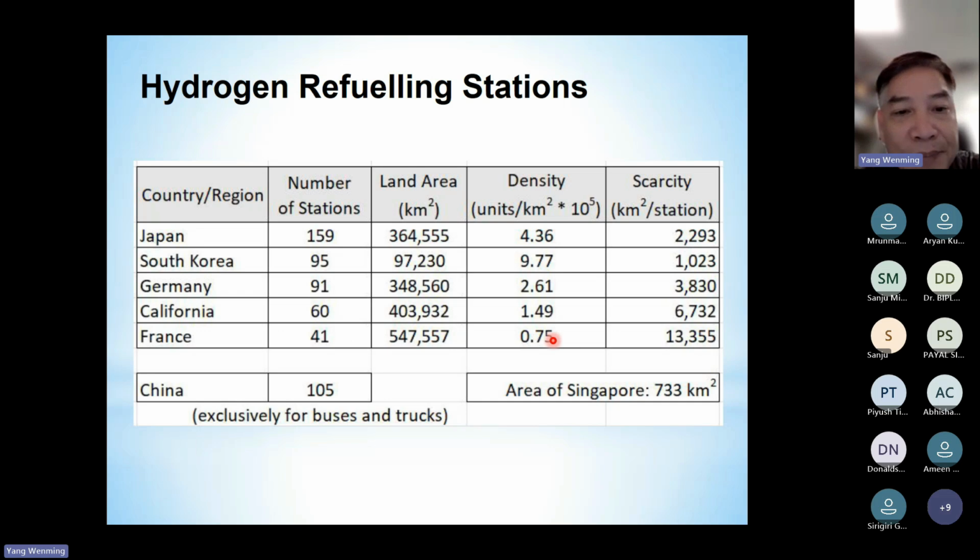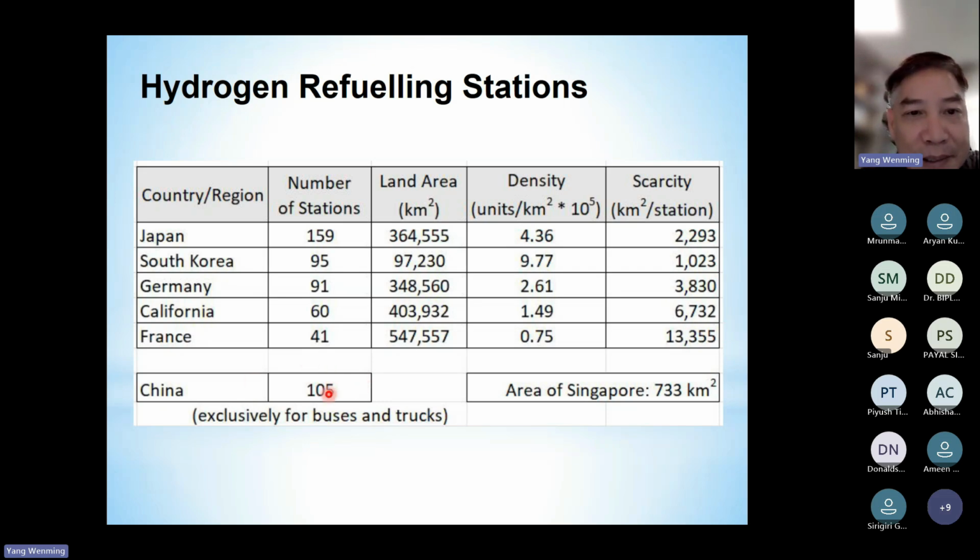There are only 41 charging stations, but France has a land area of 547,000 square kilometers, which means each station should cover 30,000 square kilometers.